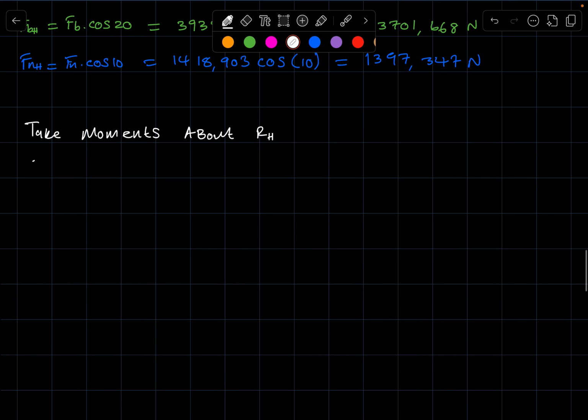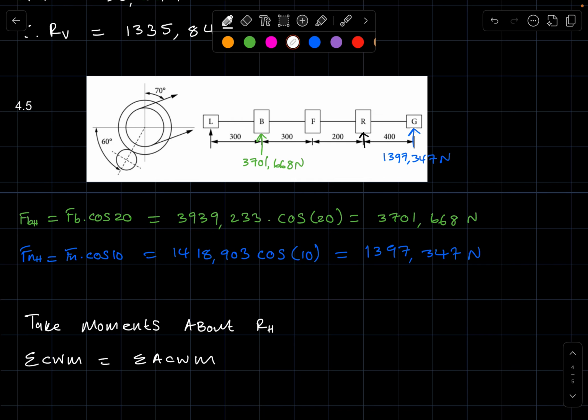All right, sum of clockwise moments is equal to the sum of anti-clockwise moments. So now we look at the turning effects of each of these forces. The left-hand bearing will have a clockwise turning effect. This will also have a clockwise turning effect, and then this one will have an anti-clockwise turning effect.